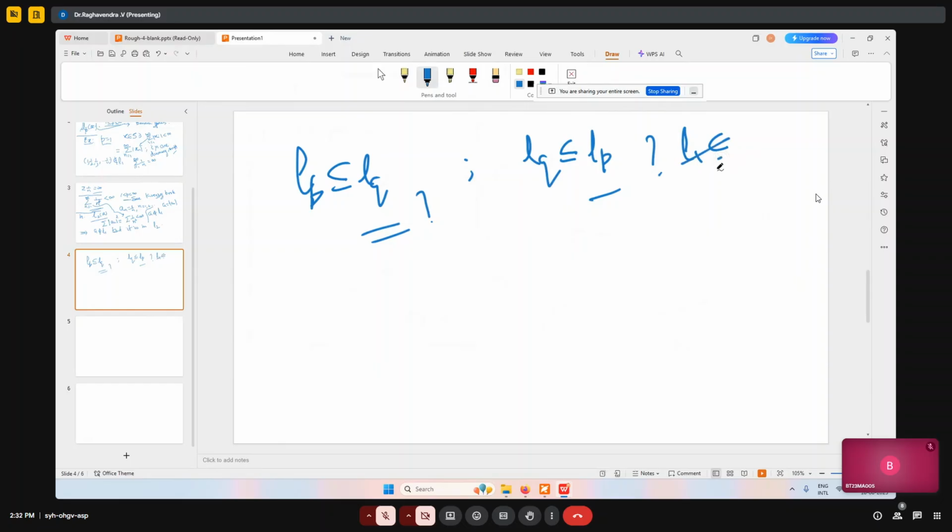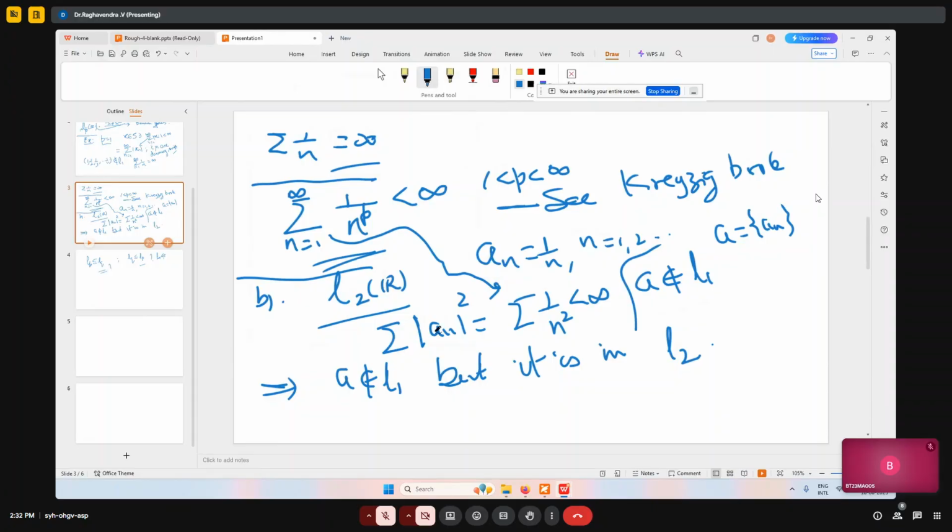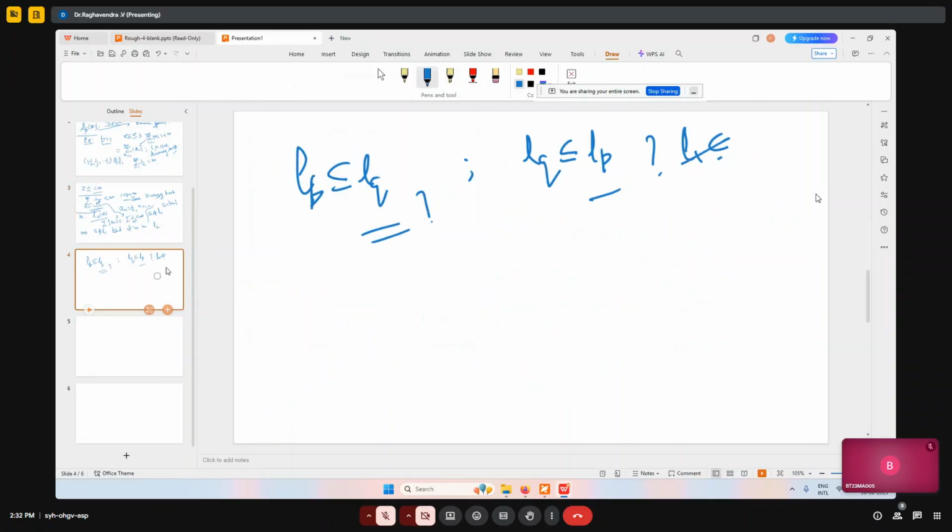What is it that we showed here? We showed that A is not in L1, but it is in L2. It gives you an idea that there is an element which is in L2 but not in L1. So that means L1 should be contained in L2, right? So you think about this.